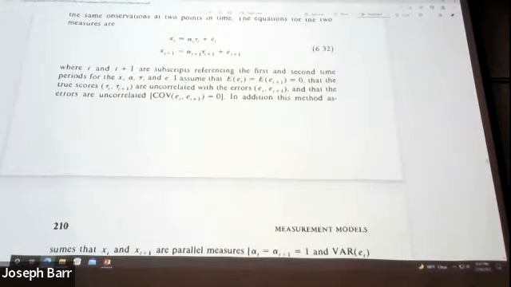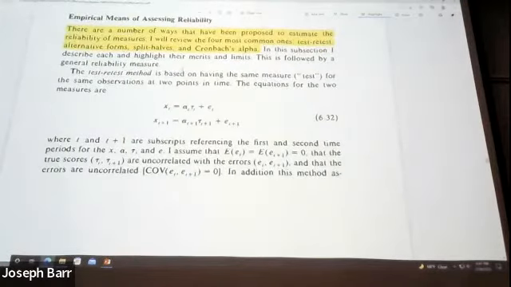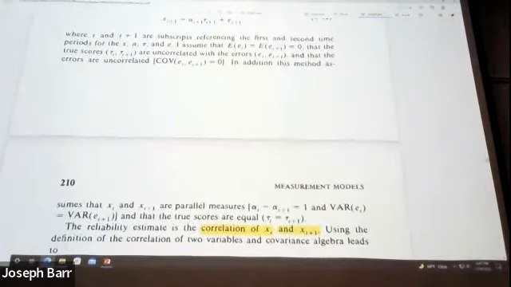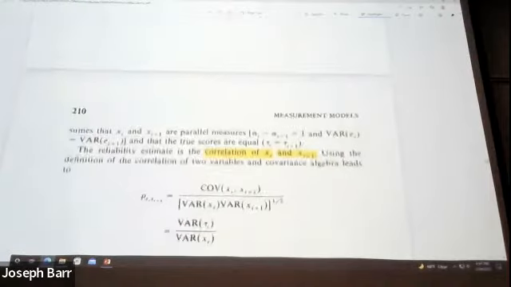And of course, we have a lot of assumptions. We assume the expectation of these two measurement errors is 0, and that these two are uncorrelated. Then we can do the test-retest.